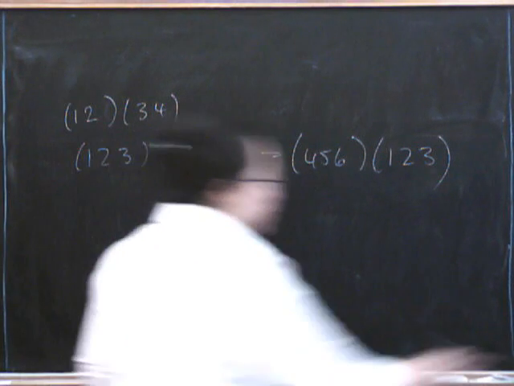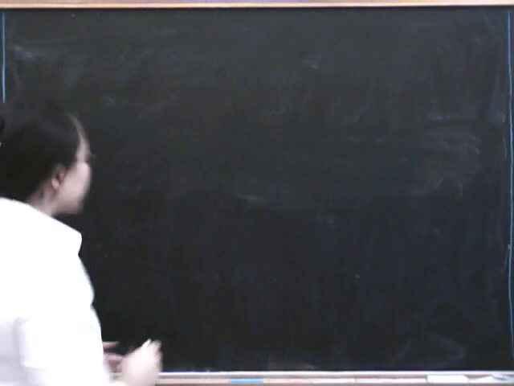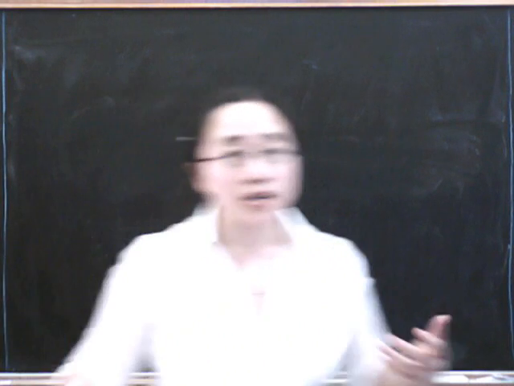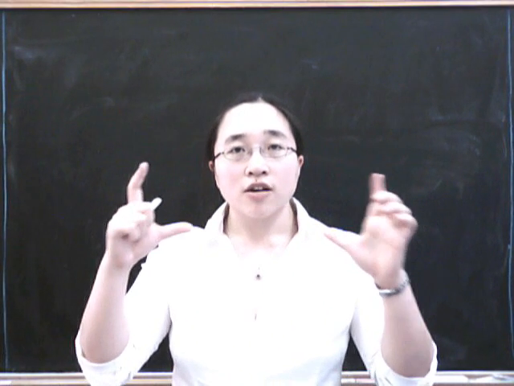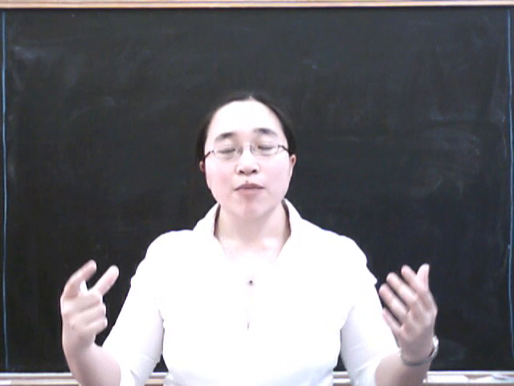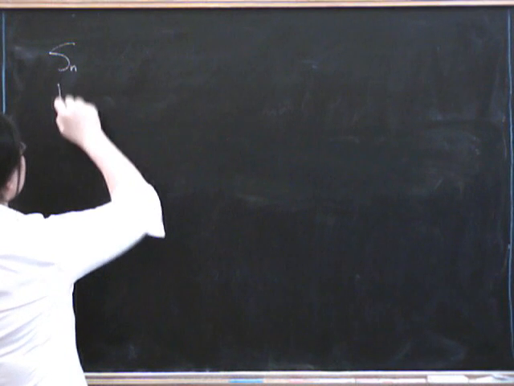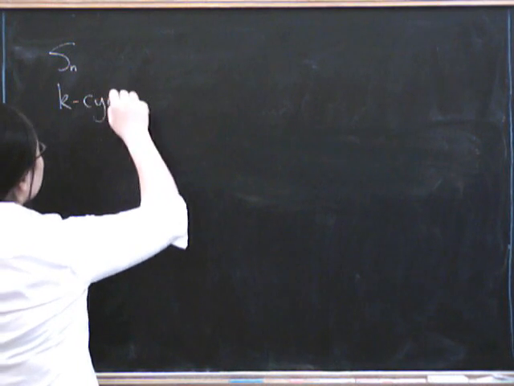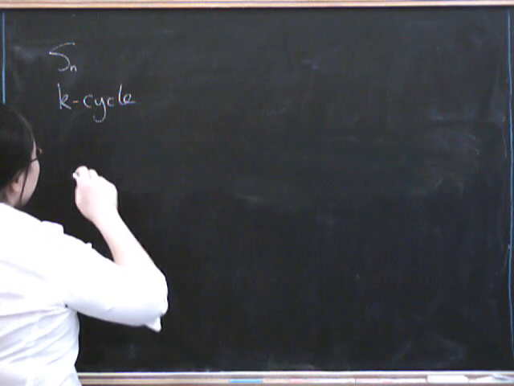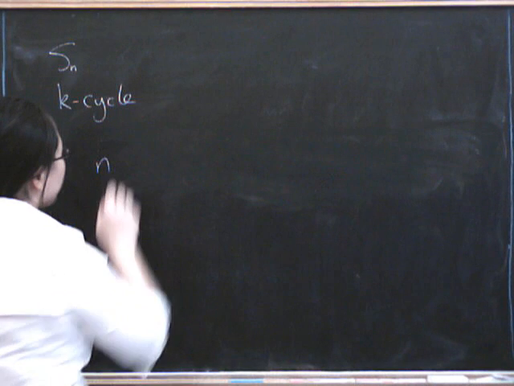So let's go through this slowly, starting with the general principle, which is that if you've got just one cycle of length 3, or one cycle of length k, then let's think about in Sn, if you're looking at a k cycle, then you've got a choice of n elements for the first number in the cycle.